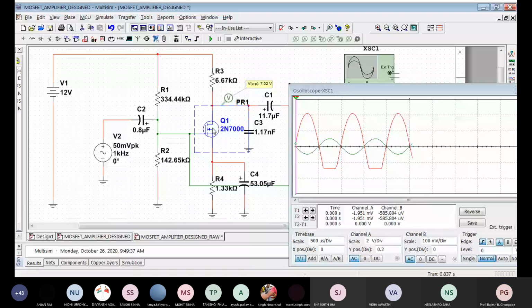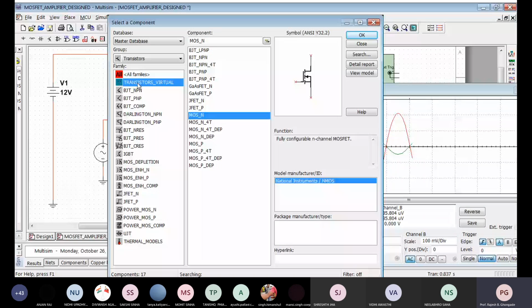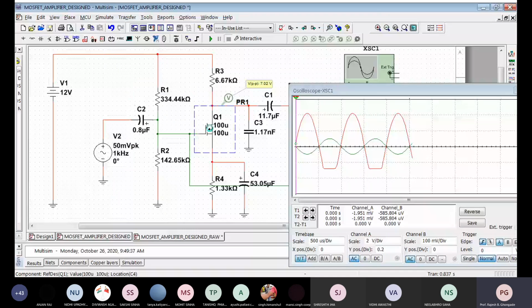Okay, so this is not a good picture, but let me change this to a different device, and we will use a generic virtual transistor. I'm going to change the width.